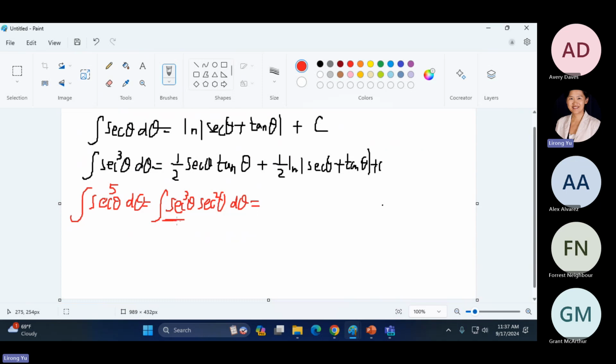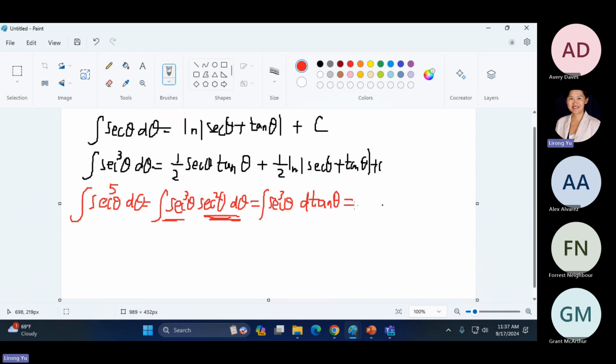So this is going to be u, and this is going to be your dv. If v equals tangent, it will work out. So the v is the antiderivative, which is tangent theta. So this is equal to the integration of secant cubed theta times the derivative of tangent theta.